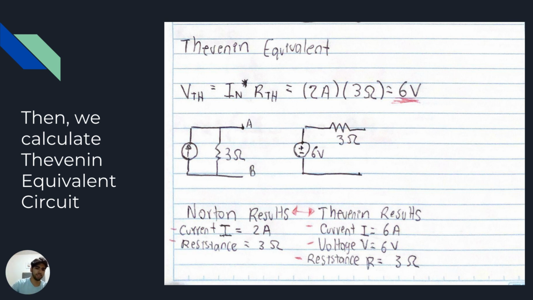And finally we have a table with the results that give us the 3 results of current, voltage, and resistance in Thevenin, and in Norton we only get the current and the resistance, that is 2 amperes and 3 ohms. And we also draw both circuits.